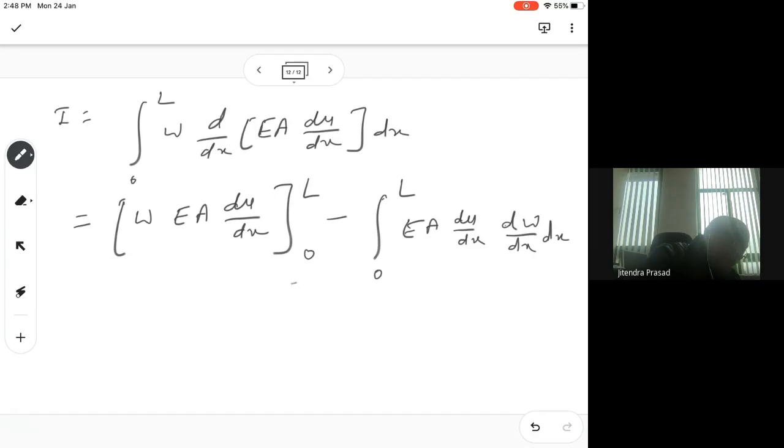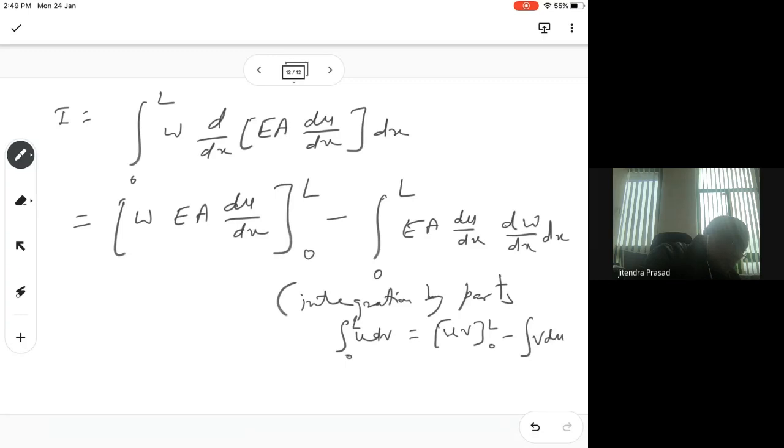So this is by integration by parts, which is like the integral of u dv is equal to uv between 0 and L, minus the integral of v du. So this is what the integration by parts is.